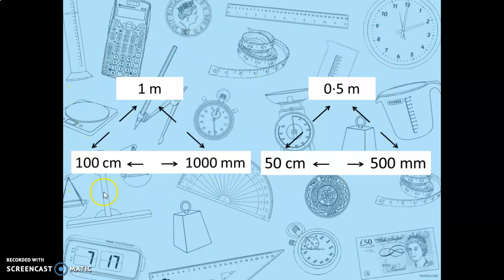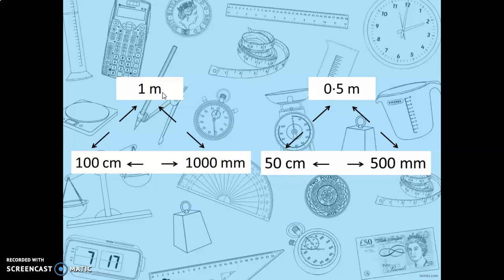Observe these triangles carefully. We know that 1 meter is the same as 100 centimeters. 100 centimeters would be the same as 1000 millimeters. Why? Because we multiplied 100 by 10. And 1000 millimeters is the same as 1 meter.